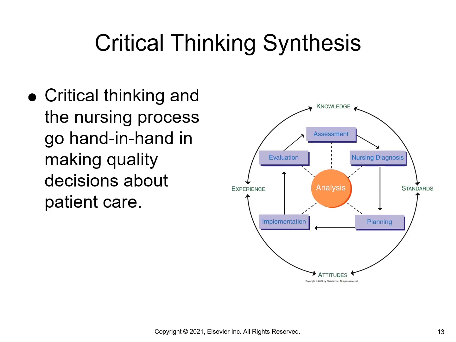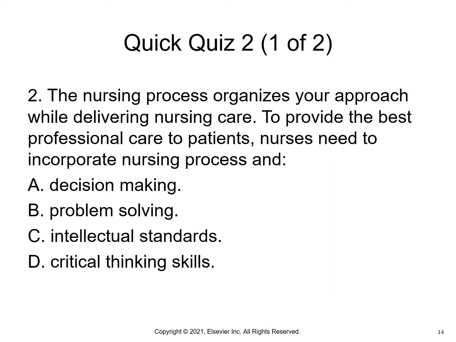This is again the critical thinking and nursing process going hand in hand, and the knowledge, experience, attitudes and standards are that circle that impacts and influences our ability to grow in our critical thinking analysis and up to the synthesis level.